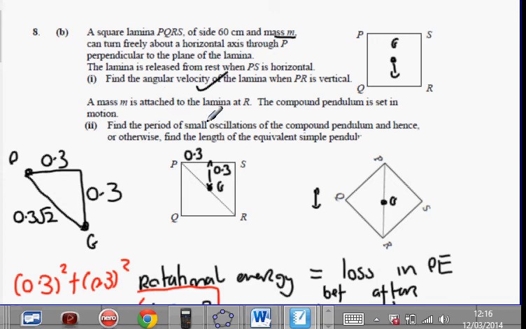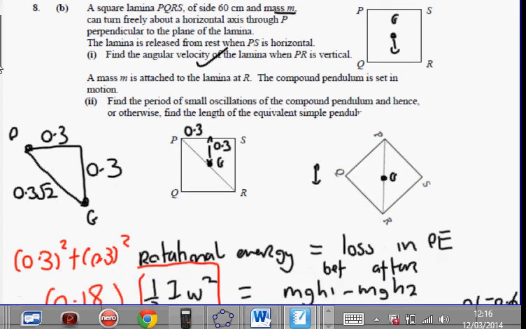Find the period of small oscillations of a compound pendulum, and hence or otherwise find the length of the equivalent simple pendulum. Okay, so mass m is attached to the R, so the whole setup has changed.